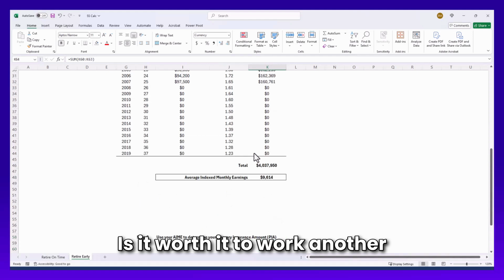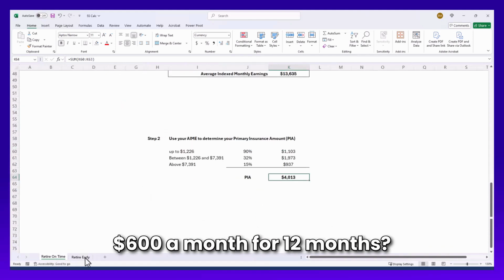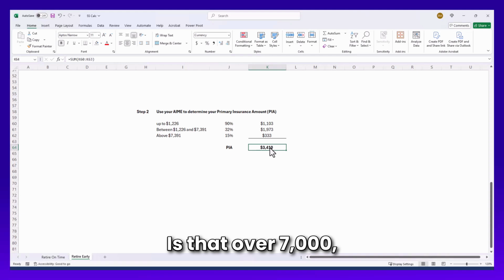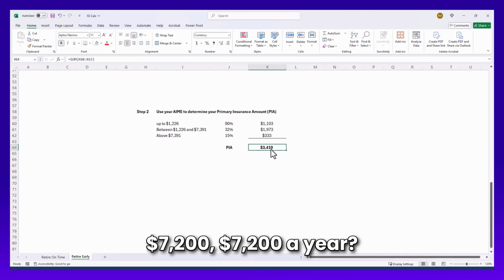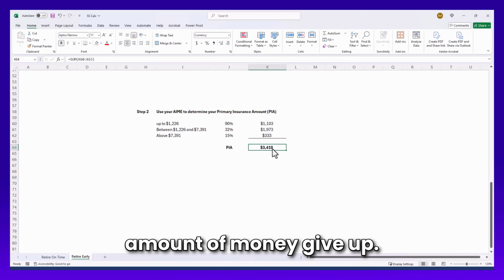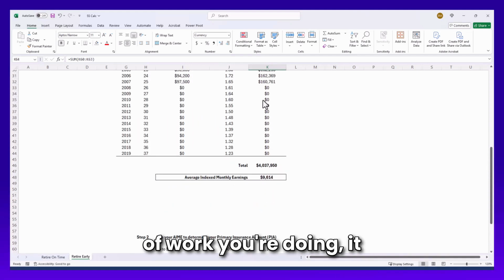Is it worth it to work another 10 years to make another $600 a month for 12 months, over $7,200 a year? I mean, that's a decent amount of money to give up.